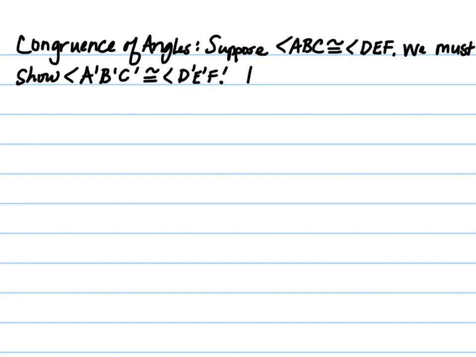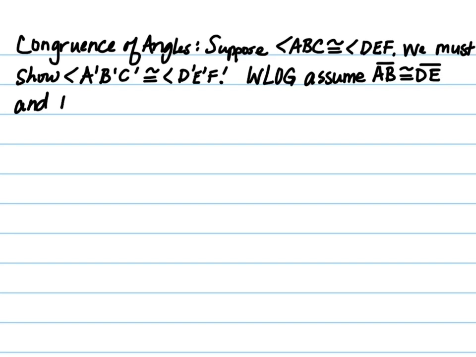Let me start out this way. Have you guys seen WLOG? I'm not sure if I've used it this semester or not. WLOG, without loss of generality. Without loss of generality, assume AB is congruent to DE, and BC is congruent to EF.